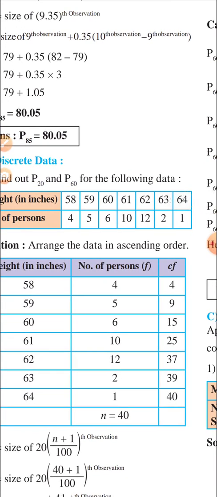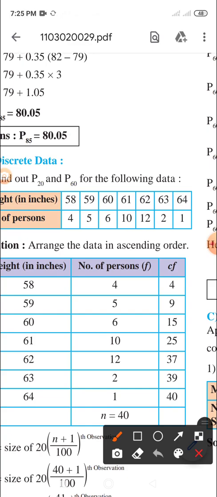Okay, here the 24.6 lies in CF 25. It is not possible that it lies in 15, because 15 is less than 24.6, and it is not possible that it lies in 37, because 37 is more than 24.6.